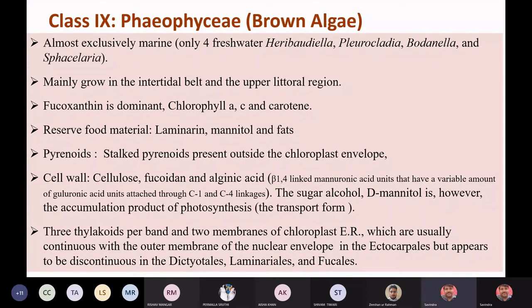So you will see there are two membranes of endoplasmic reticulum which are continuous with the chloroplast, as well as 3 thylakoids per band. In any chloroplast band you will see 3 thylakoids stacked one over the other, and that's why all those algae having 2 endoplasmic membranes along with 3 thylakoids per band will come under Phaeophyceae.